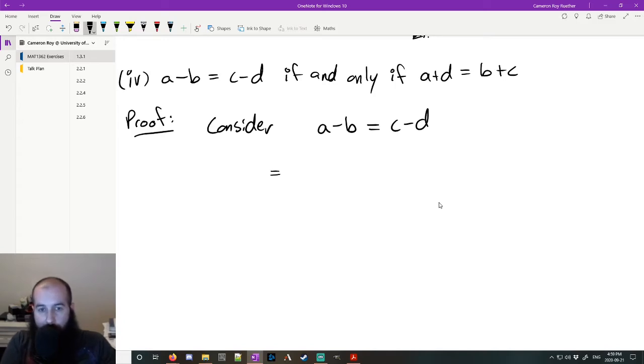Now, this implies that we can unpack the definition of subtraction on each side and still have an equality. This is the definition of subtraction. Now we can add B to each side by replacement.